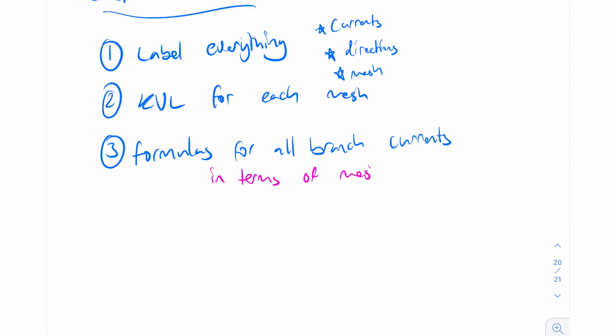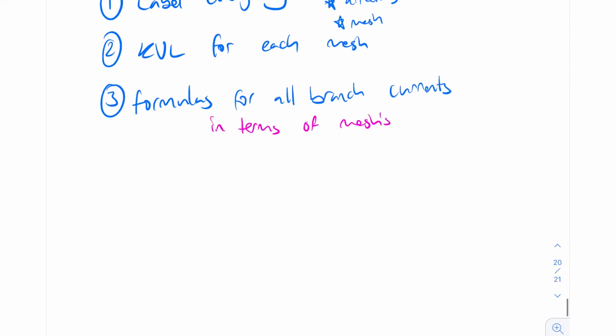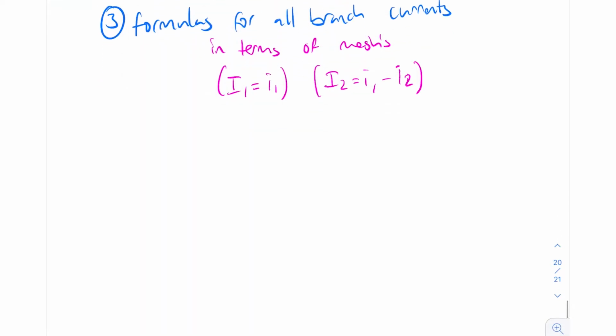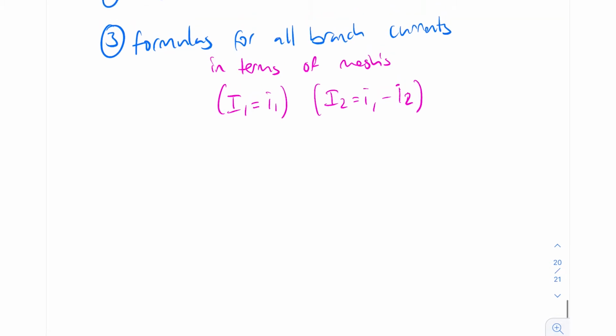I don't know if I should go into it now, but I'll write it here and then we'll explain it when we go through the example. You'd have, for example, I1 is equal to I1, which, if this is your first time looking at this, you're going to be like, what am I talking about? But it'll make sense. And you'd have like I1 minus I2, for example. These kind of things. Again, we'll do the example in a minute and it all kind of makes sense.